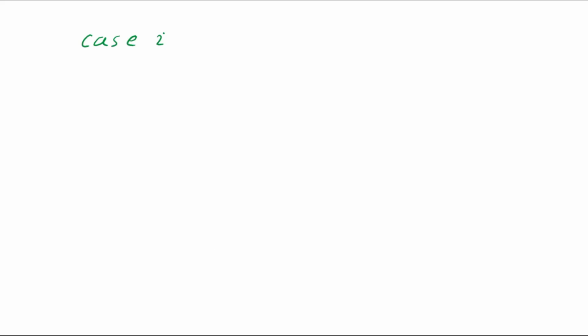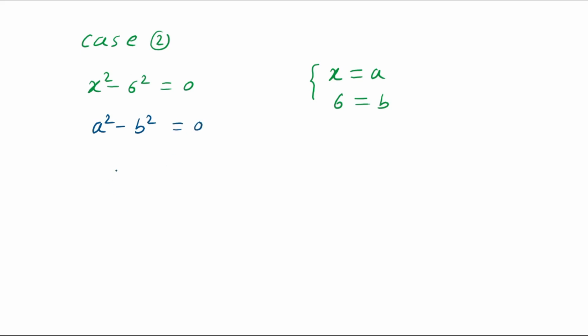Now solve case second. Case second is x square minus 6 square, this is equals to 0. Here we will apply substitution, and if we substitute x is equals to a and 6 is equals to b, then in left hand side x is replaced by a square minus 6 is replaced by b square, and this is equals to 0.